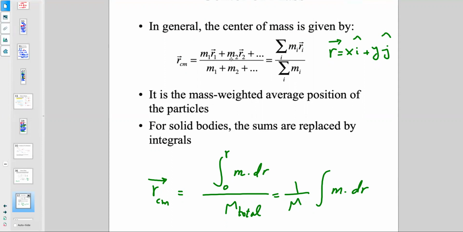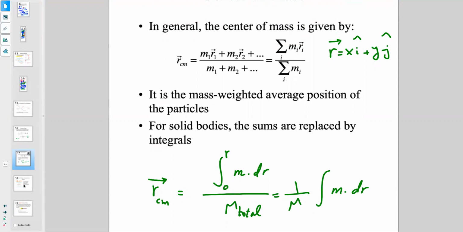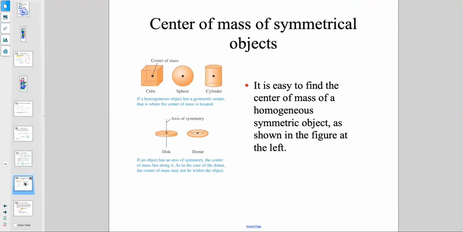Okay, so for the solid objects, as I said, we pretty much can guess where the center of mass is. For example, for a cube, it will be at the center. For the sphere, it would be at the center. For the cylinder, it would be at the center. For a disk, we'll have the center of mass located at the center of the disk. For a donut, it will be again at the center.